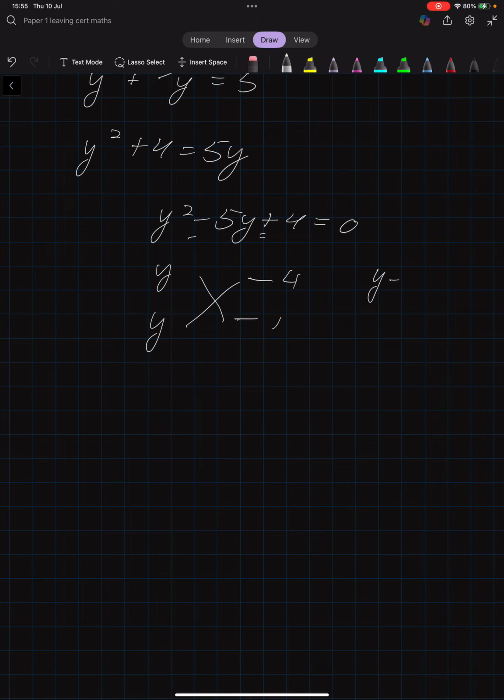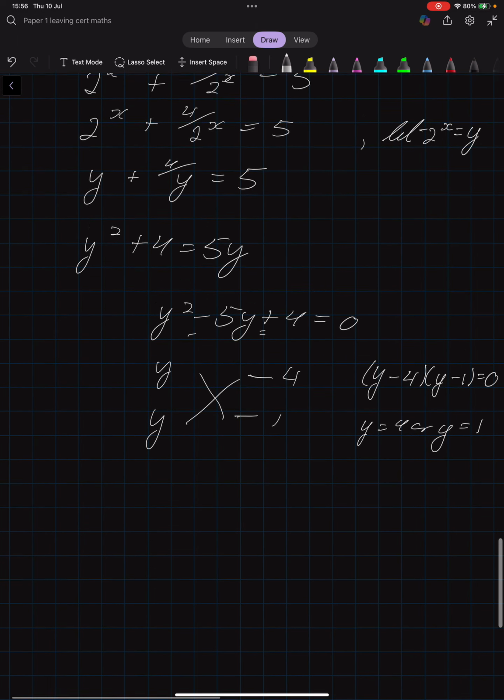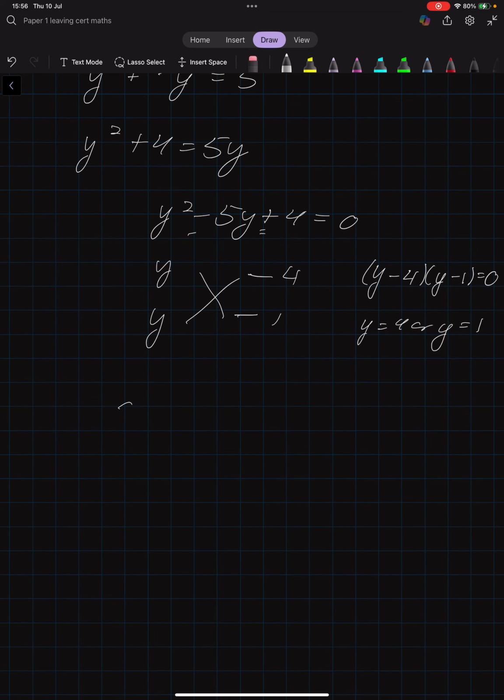So you get y minus 4 times y minus 1 equals 0. So either y has to equal 4 or y has to equal 1. Again, y is equal to 2 to the x. So either 2 to the x equals 4 or 2 to the x equals 1.